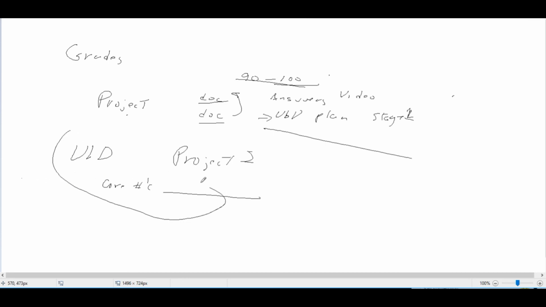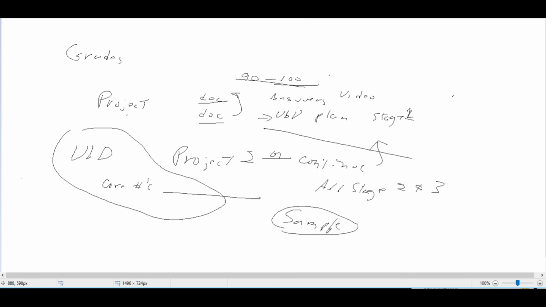So you can do the whole new thing, or continue on with project 1 and just add stages 2 and 3. And again, there's a sample in the assignments, a sample in the modules for that. Hopefully that'll help.